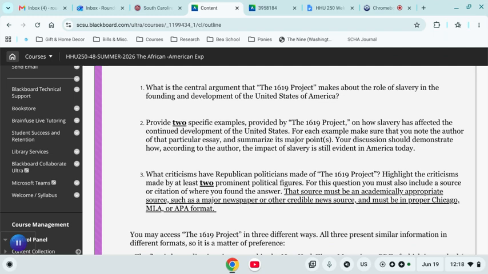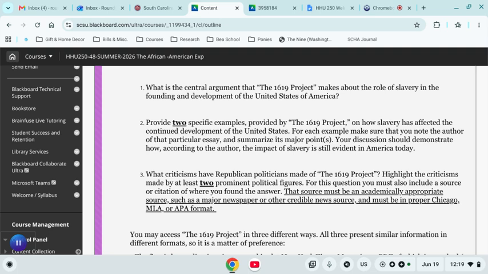And the third question is, the 1619 Project has received considerable blowback. And it's been from Republican politicians who contest the entire narrative of the 1619 Project. And I want you to highlight the criticisms that at least 2 of these individuals have made about the 1619 Project.